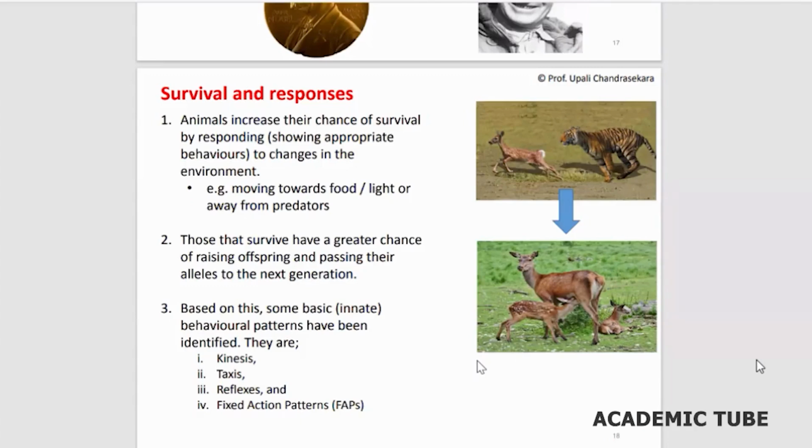So based on this, scientists have identified 4 major behavioral patterns. They are known as kinesis, taxis, reflexes, and fixed action patterns. I'm going to describe very briefly each one of these. So let's learn about kinesis first.